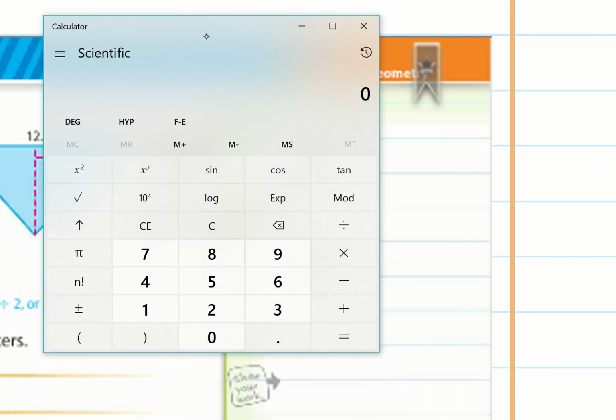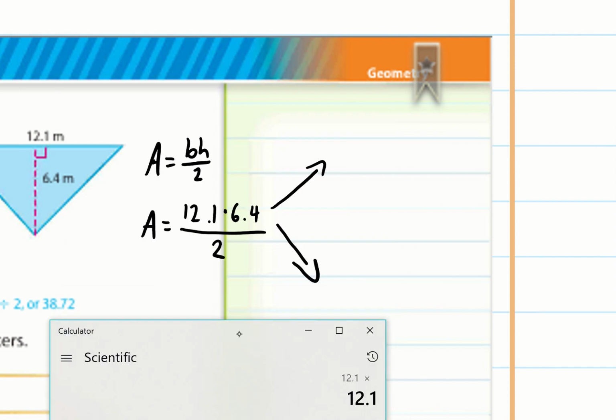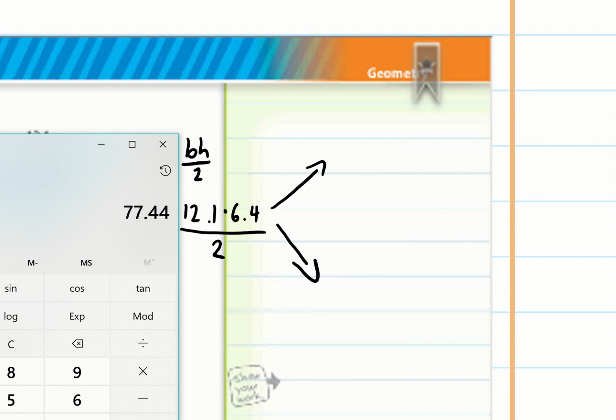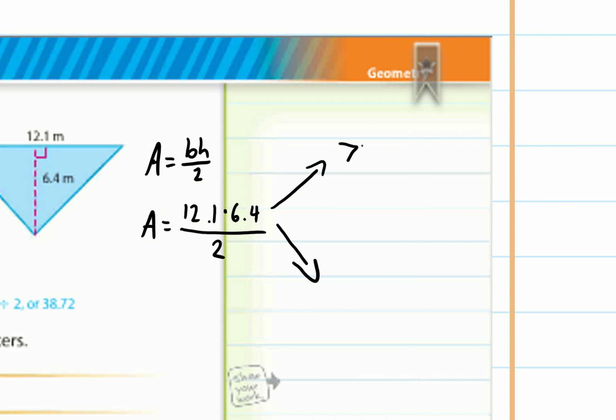So we have 12 and 1/10 times 6 and 4/10. I'm going to get 77 and 44/100. So it's going to be 77 and 44/100 over 2.